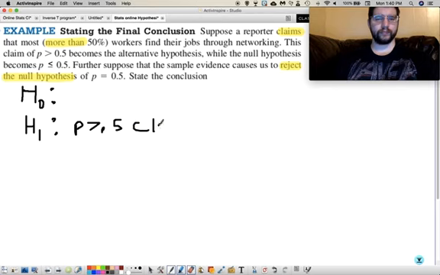The claim. P is less than or equal to 0.5 is the opposite of that. And we rejected the null.